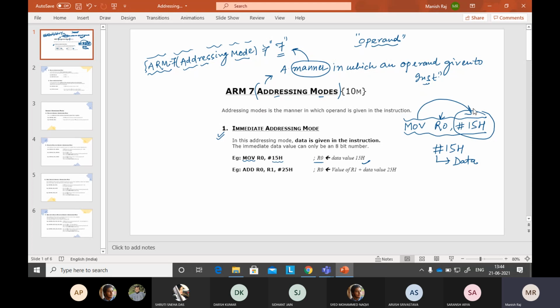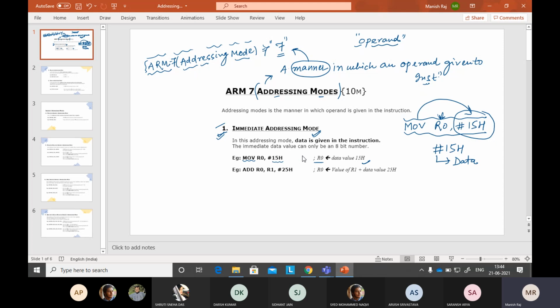Directly when you are giving the data to the instruction and storing it in some register, that is immediate addressing. So you are dealing with the data directly. Already in the 8085 I have told you this, but again I am revising this part. If you are dealing with the data directly, then you are in the immediate addressing mode.